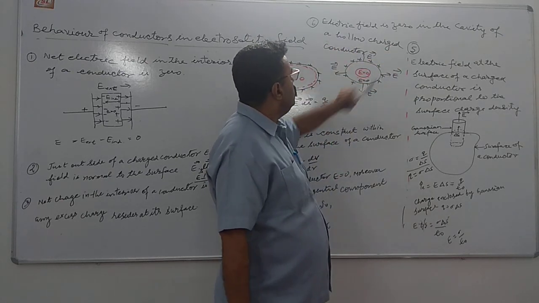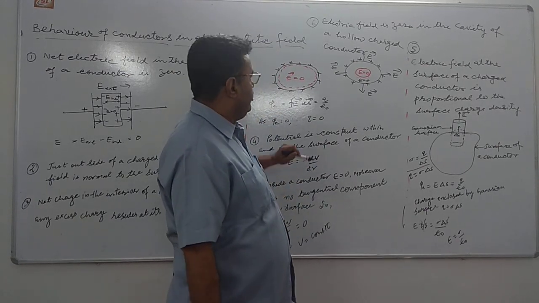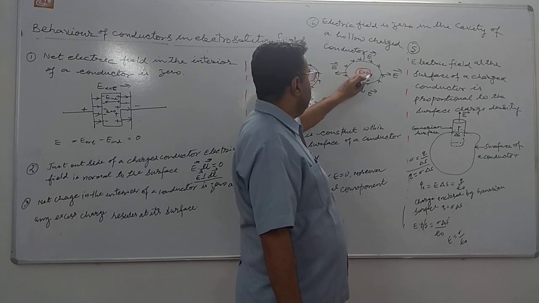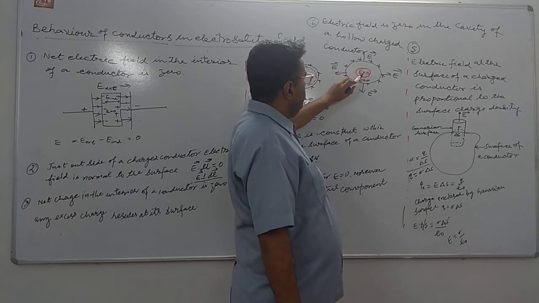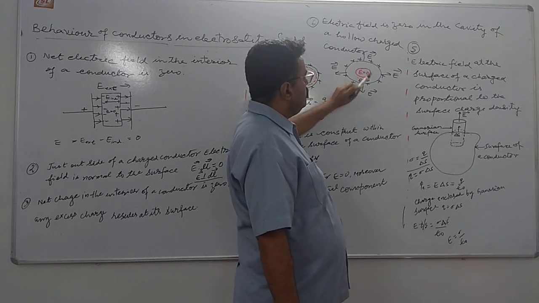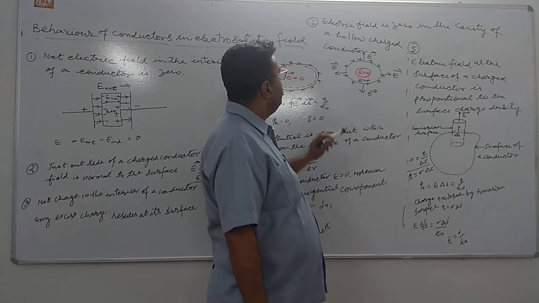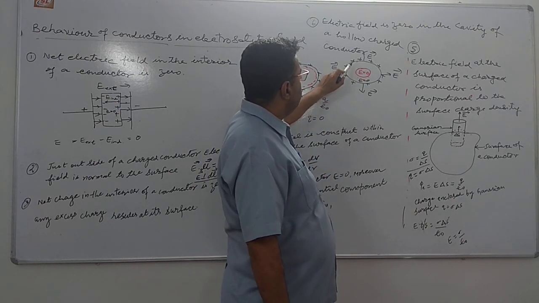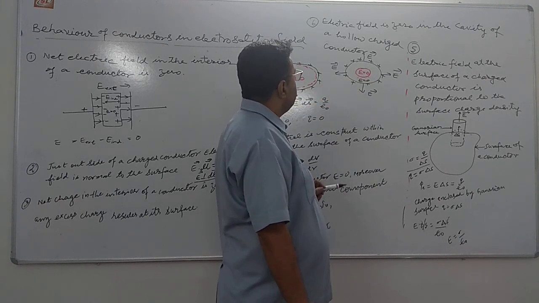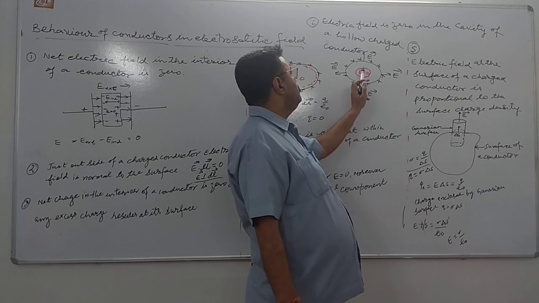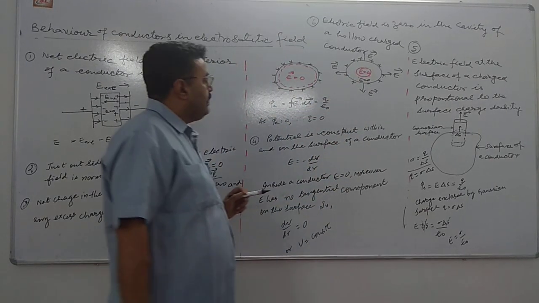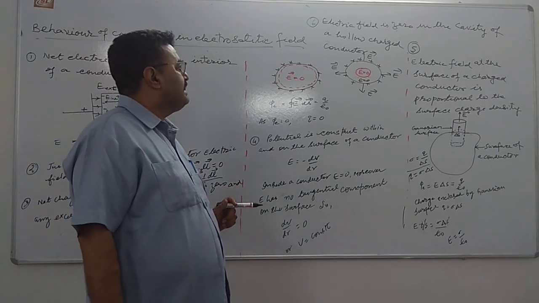The cavity also exists in the interior of the conductor, so E equals 0 there too. It means Q equals 0 because there is no charge inside the conductor. So there will be no electric field inside the cavity of a hollow charged conductor.